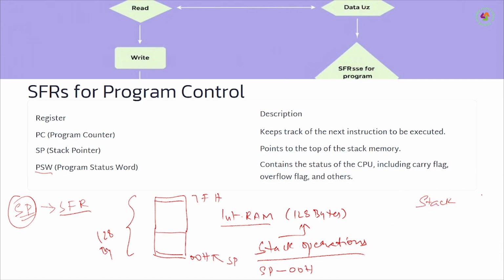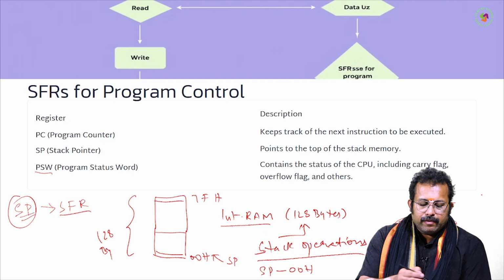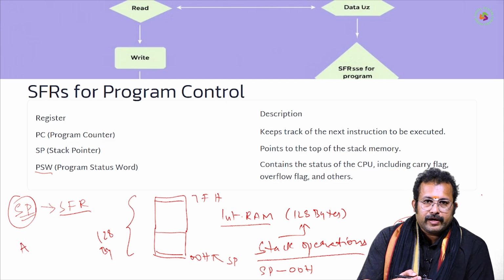There are instructions like push and pop. If you use the push instruction, data will be moved onto the stack. If you use a pop instruction, data which was previously pushed onto the stack will be retrieved back. We can push the accumulator data, or B, you can push anything.